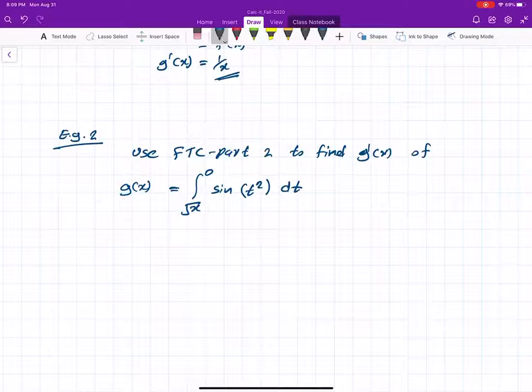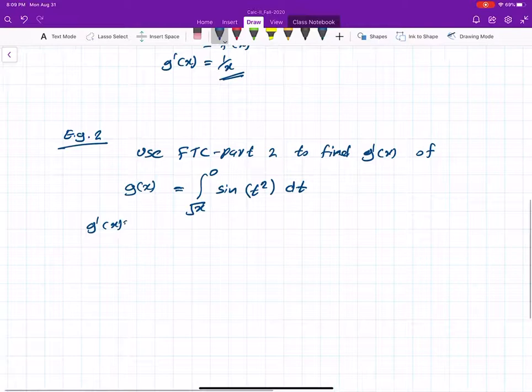Okay, so this is the given problem. You have to find g prime of x. Okay, this is what you have to find.